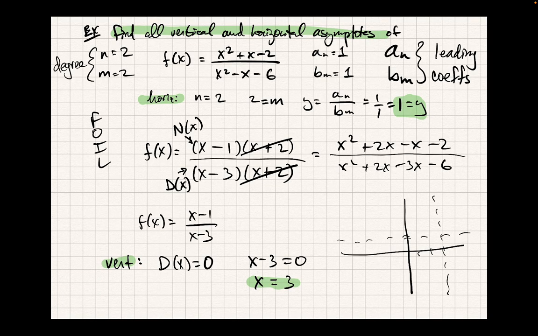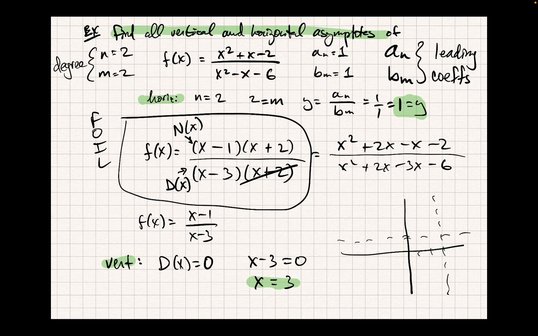I'm confused with the excluded values. If you use this unreduced, unsimplified version before we cross out the x plus 2's, what values of x would cause this to be an invalid function?